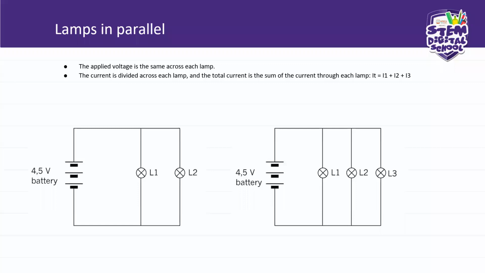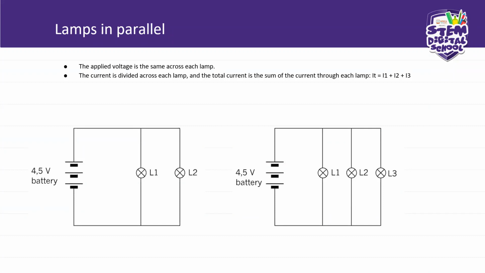This is the way in which they will be sharing the current. Okay? So LT is L total, is lamp total. Lamp total equals lamp 1 plus lamp 2 plus lamp 3.